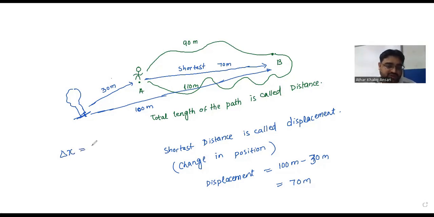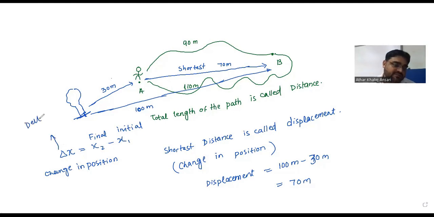That will be the final position x2 minus the initial position x1. Here x2 is the final position with reference to this tree, and x1 is the initial position with reference to this tree. So delta x is the change in position, which we use as displacement. The symbol delta means change in.